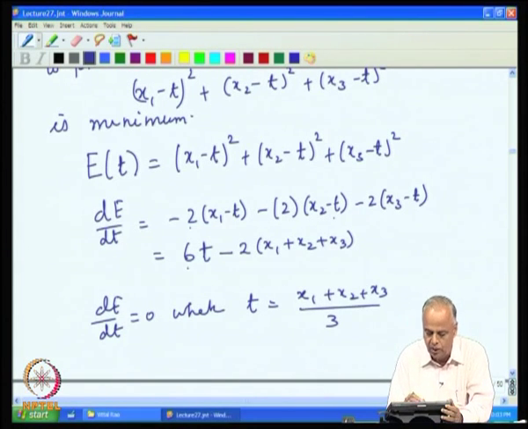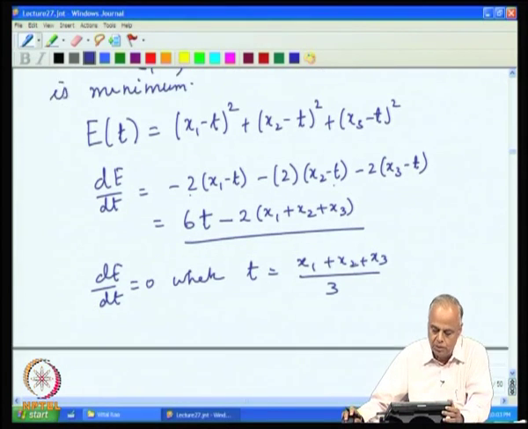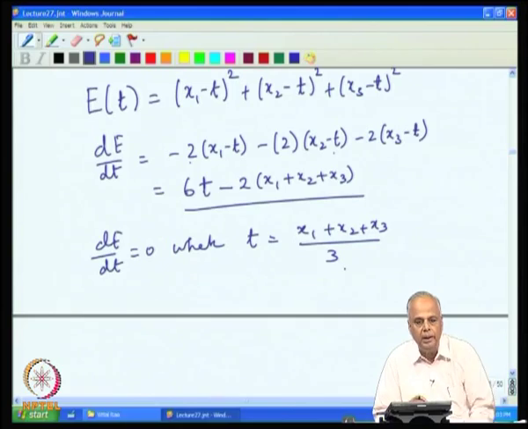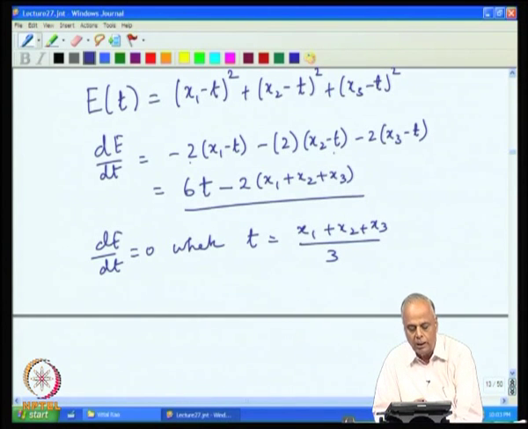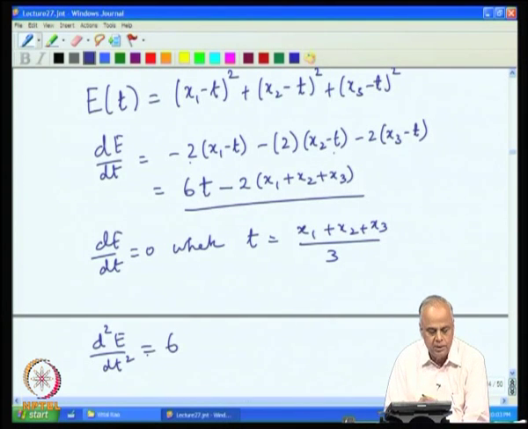If we set this equal to 0, we get t equal to (x1 + x2 + x3)/3. So there is only one critical point, t = (x1 + x2 + x3)/3. And we see that d²E/dt² is just 6, which is always positive.